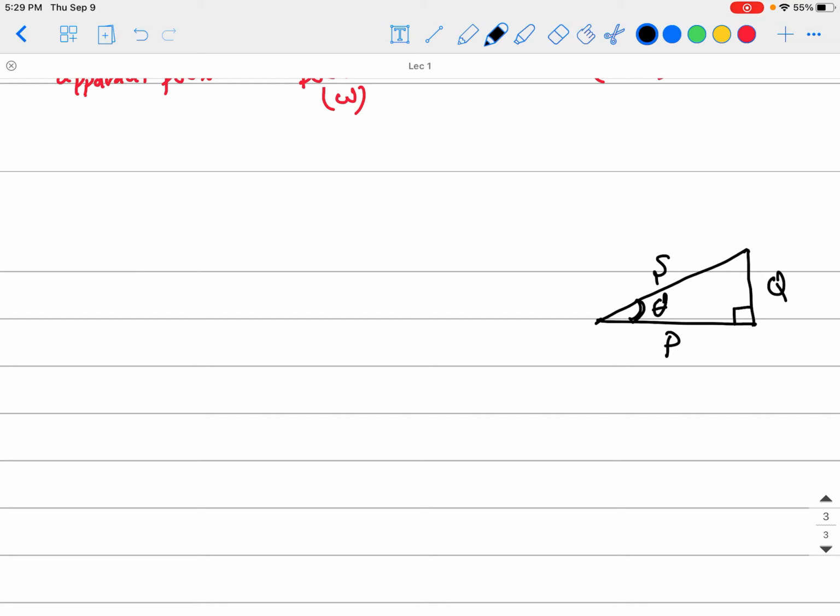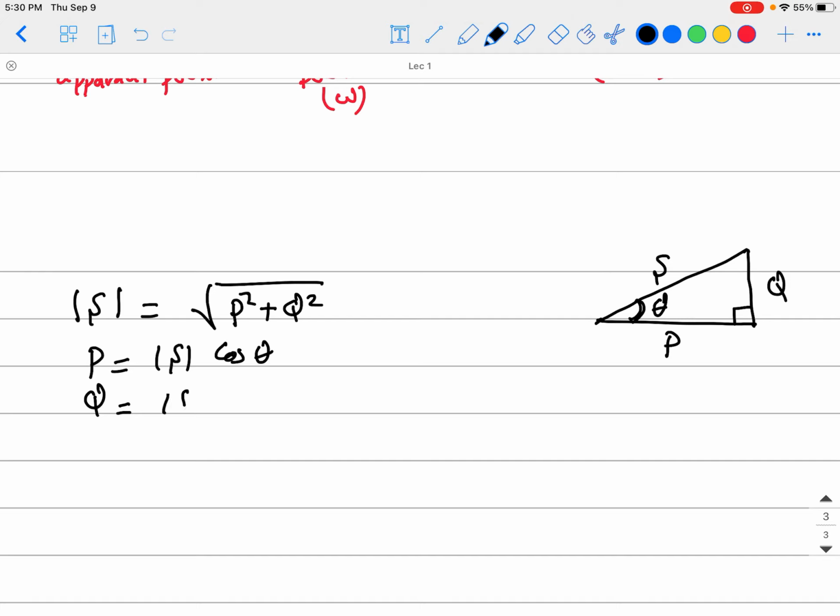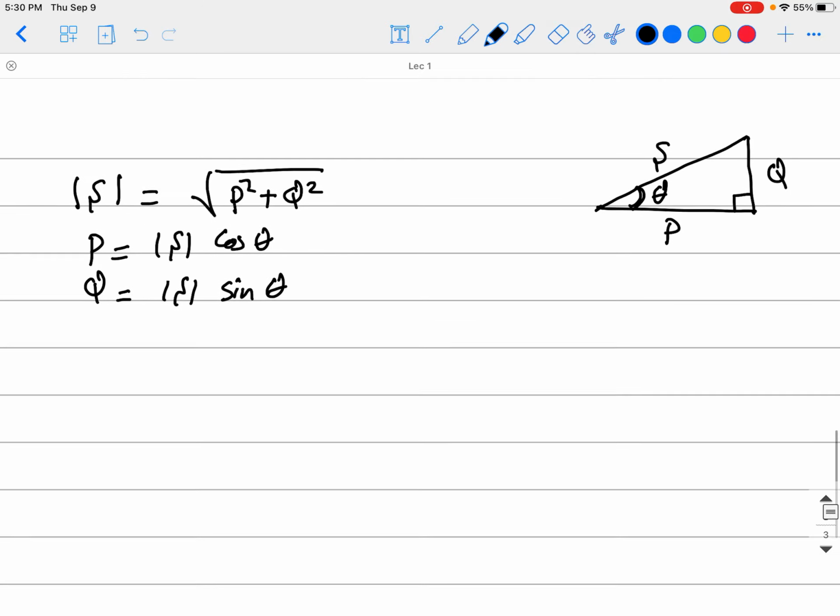Okay, so basically if you want to find the magnitude of S, it will be the square root of P squared plus Q squared. Yeah, and from the same thing you can find P simply if you have S from S cosine theta, and Q will be S magnitude sine theta. Okay, guys?